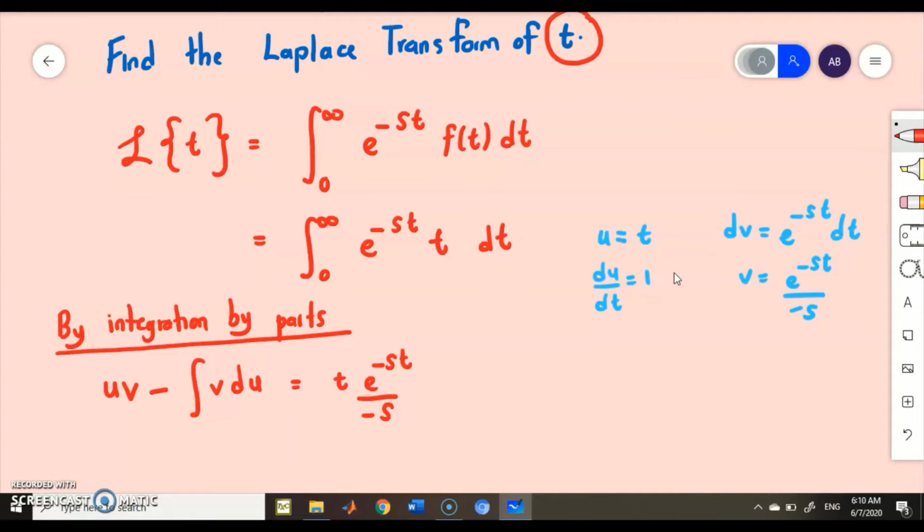Okay, and then we want to integrate this from 0 to infinity, and then we have this minus integral from 0 to infinity of v, which is this thing here, exponent negative st over negative s. Now du is dt.